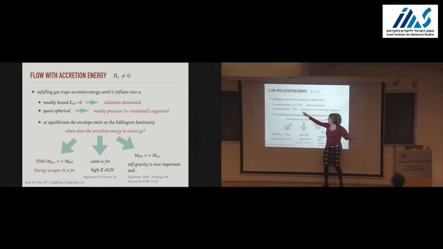It creates an envelope which is mainly pressure supported, so it rotates slowly. It is completely radiation pressure dominated, so from the virial theorem we know it is very weakly bound, and it's quasi-spherical. At the edge of the envelope it emits at Eddington, and it has an accretion disk inside.